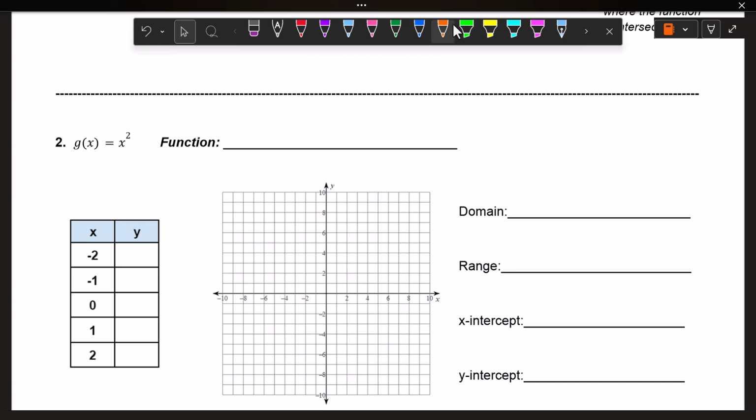Here we have our quadratic function. Quadratic, which means squared, not 4, even though it kind of sounds like that, it's squared. So we have our x squared graph. So if we were to substitute in, again, make g of x equal to y.